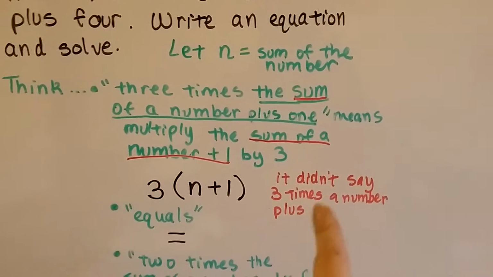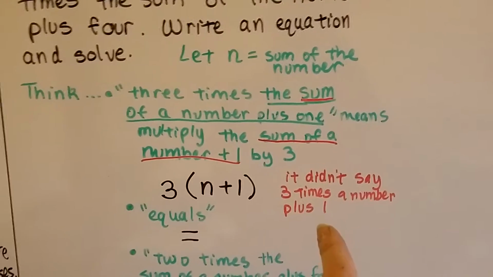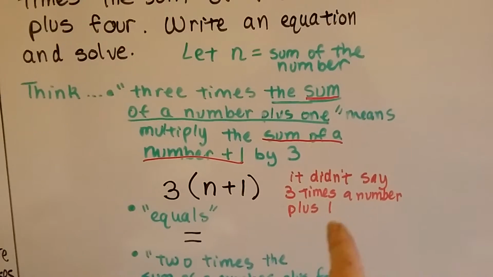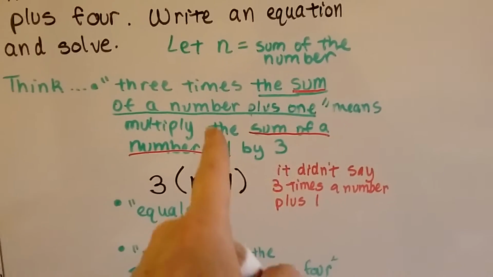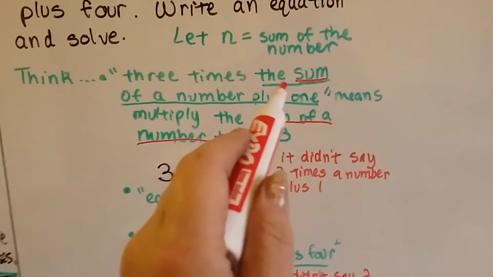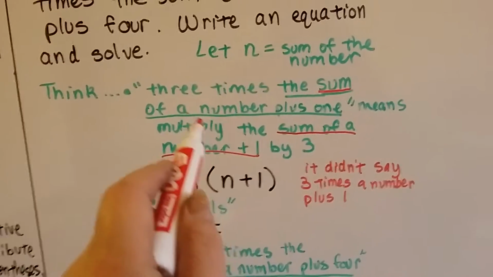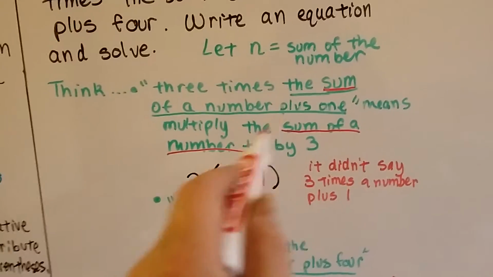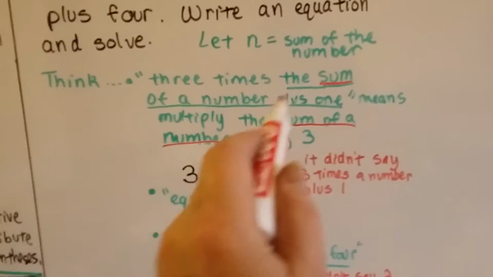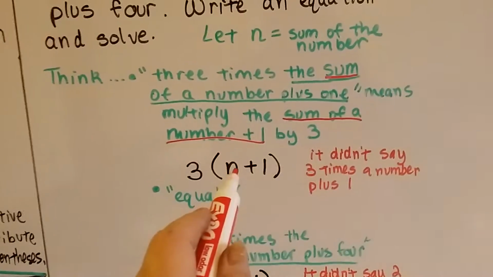It didn't say 3 times a number plus 1. See? It said the sum of a number plus 1. That's telling me that we need to keep the number and 1 together, away from everybody else. We need to get the sum of it, all right?